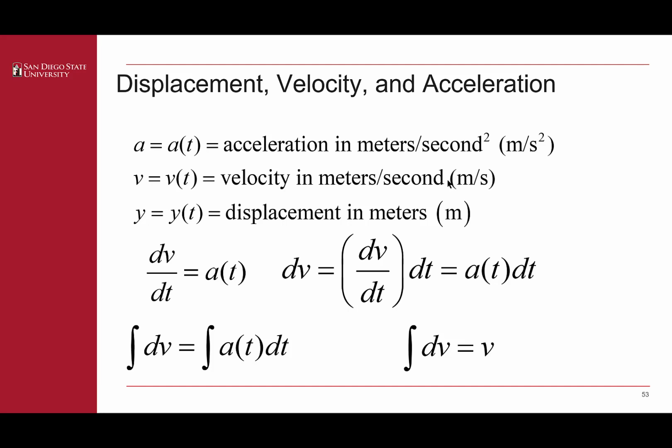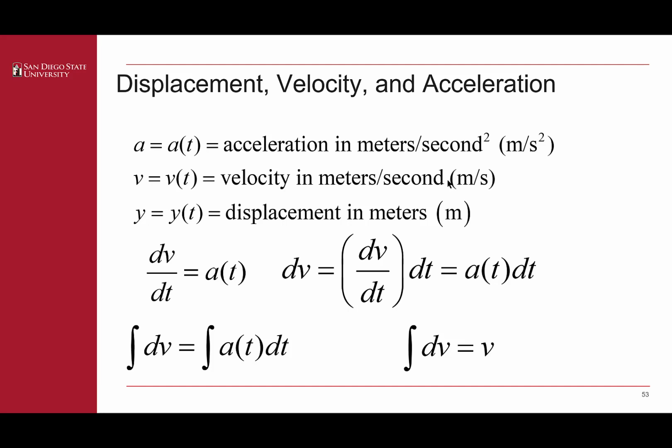So y of t is displacement in meters, and we have already seen that dv/dt, the derivative of velocity with respect to time, gives us a of t, the acceleration.